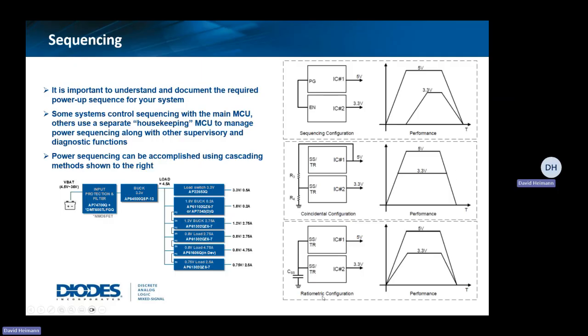And then you have ratiometric. If you connect tracking inputs together on converters, they will come up ratiometrically as power comes up. It's still going to come up with the lowest output first, typically, but they'll come up roughly at the same time, ratiometrically.